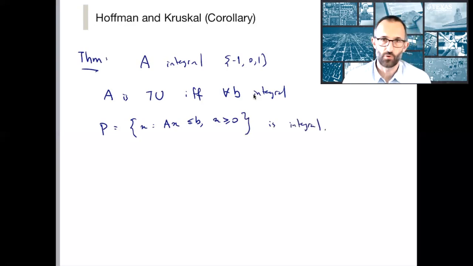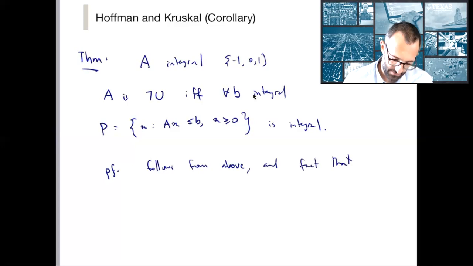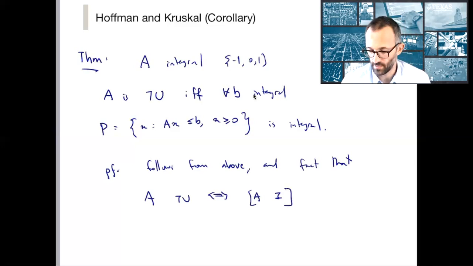And again, the proof is very similar to all of this. It follows from above, and the fact that A is totally unimodular if and only if A with the identity appended as columns is totally unimodular.